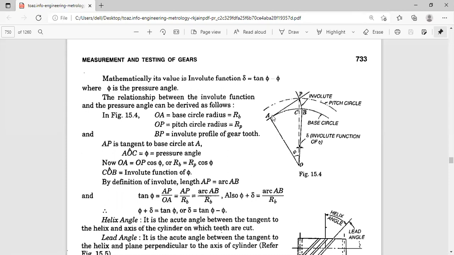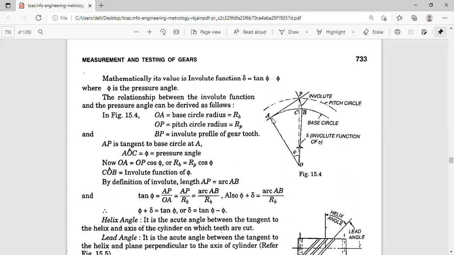As a responsible student or engineer, you have to draw the diagrams and project your derivations correctly, because derivations are there in this chapter as far as tooth thickness is concerned.